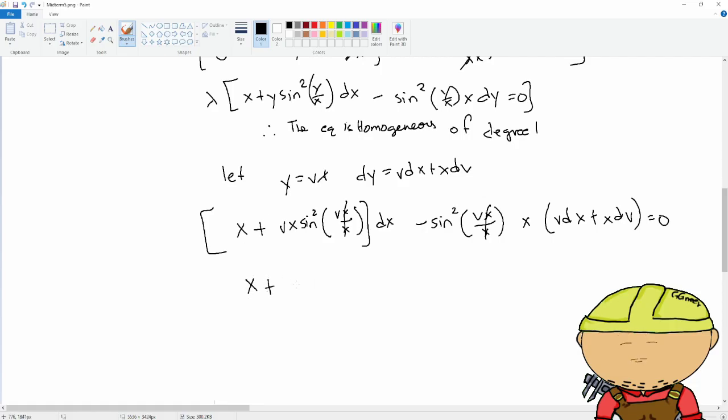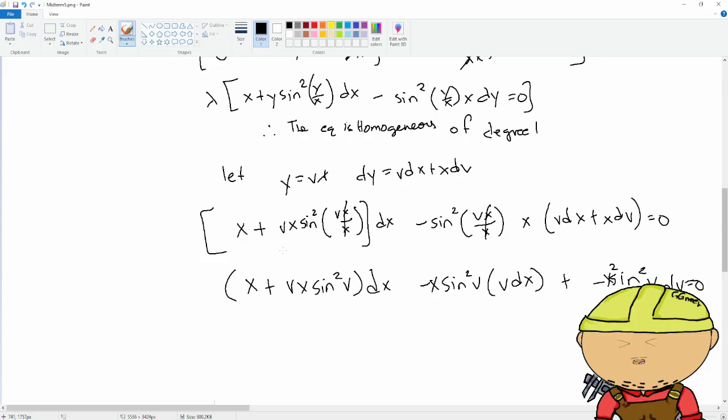Simplify further. dx sine square v dx minus sine square v x. I'm going to put x on the left side so we don't get confused. v dx plus negative sine square v x square dv is equal to 0. Combine like terms.